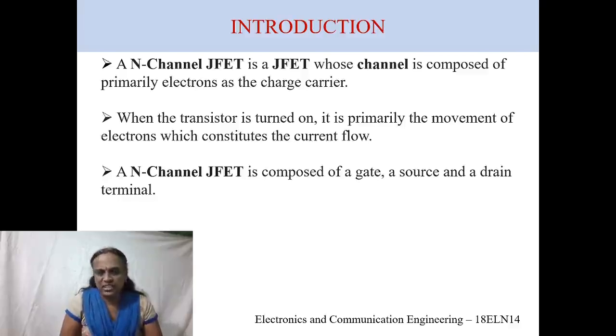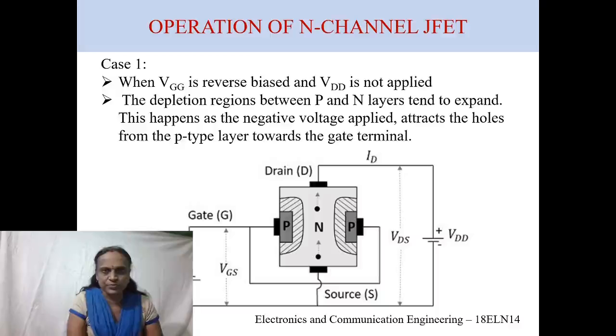For example, if we apply a voltage from source to drain, and the source is at a higher potential than the drain, then the current flows from the source to drain because the source is at a higher potential. Similarly, we can tell for the other terminals also.